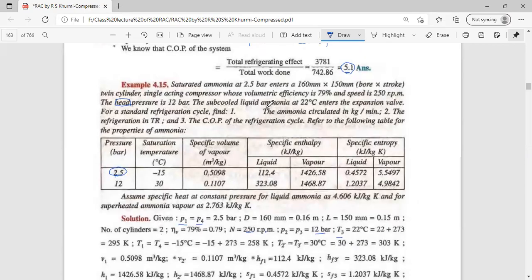The subcooled liquid ammonia enters the expansion valve at 22 degrees centigrade. So that is T3, the temperature at the entrance of the throttle valve. The temperature of the refrigerant at the end of subcooling is T3 itself, the temperature at the entrance of the throttling valve.